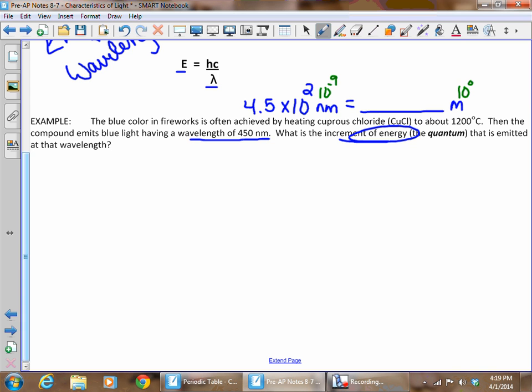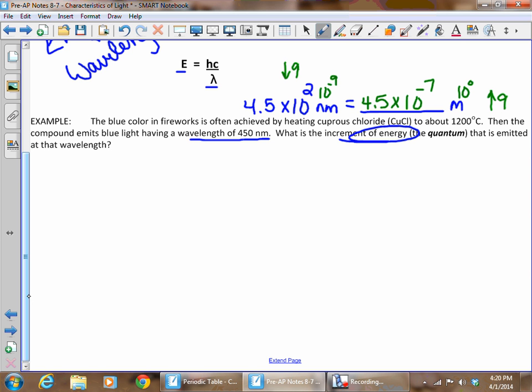That means the unit's going from negative 9 to 0. It's getting bigger by 9 places. So our number up here, symmetric seesaw, has to get smaller by 9 places. So our answer becomes 4.5 times 10 to the negative 7th for our meter value.